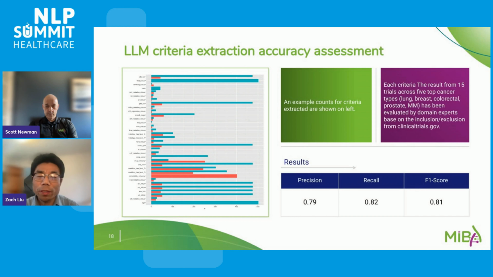Next, I'll show you some examples of the criteria extracted, and how they are distributed among the sampled cancer trials. This is a summary from about 500 open cancer trials. The bars here, the blue means inclusion, red means exclusion criteria, and the y-axis is criteria.